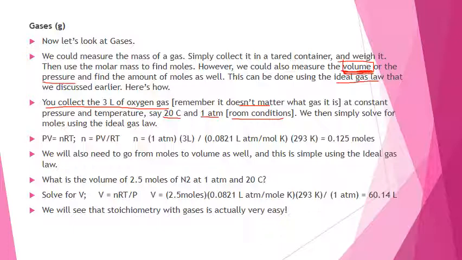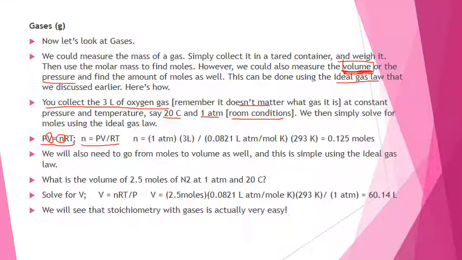So I want to find out how many moles that is. Well, simply, I use the ideal gas law, because the relationship says if I know volume, I can figure out moles, n, given that I know pressure, temperature, and the universal gas constant.